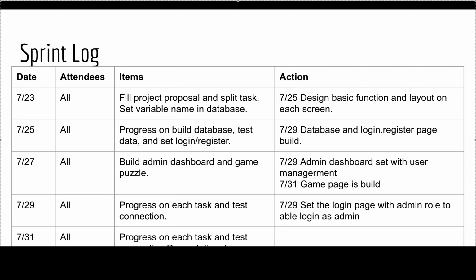We also set the login page with admin role to able to log in as admin, and we also progressed each task and test connection, and we helped each other with the presentation PowerPoint so we can create a video to describe our project.